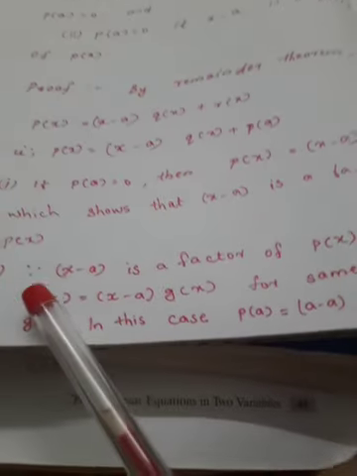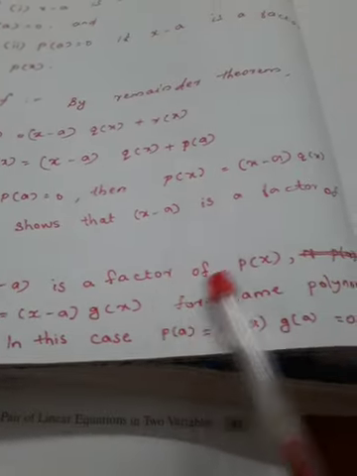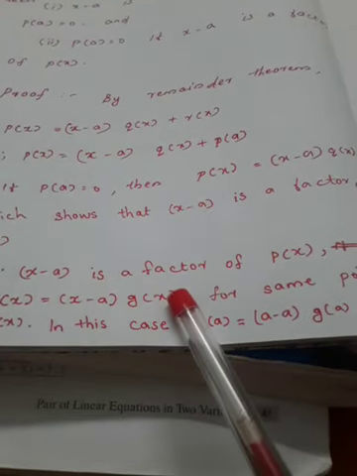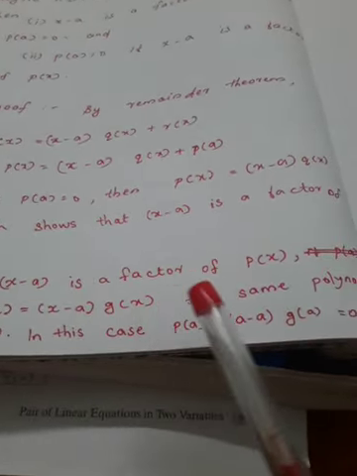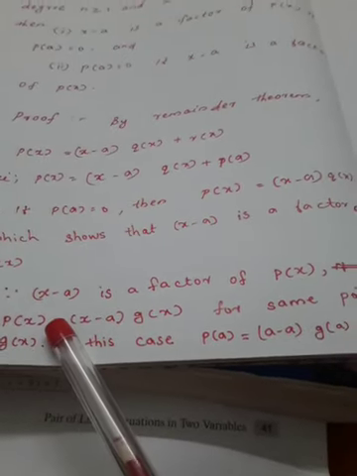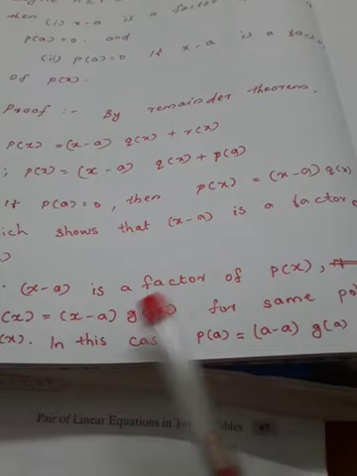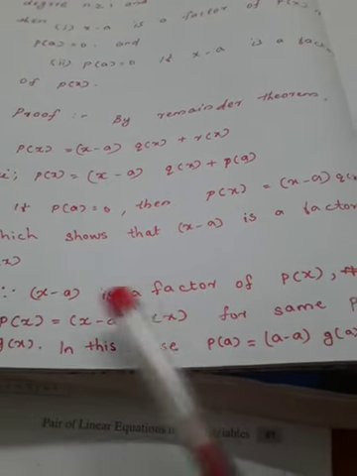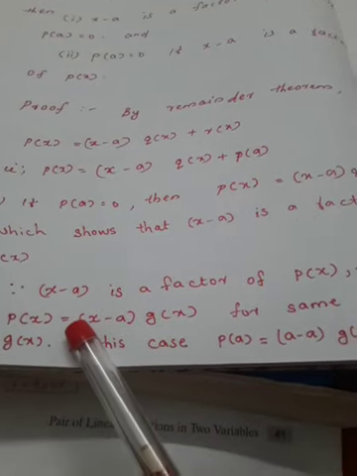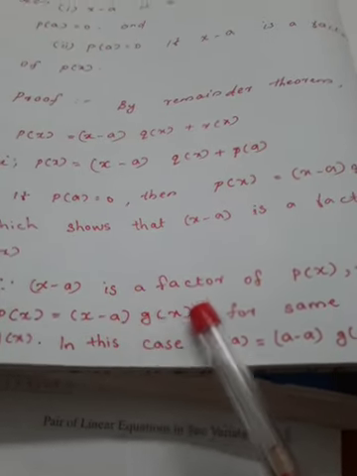Then next, since x minus a is a factor of p of x, then p of x equals x minus a into g of x. G of x is any polynomial. That means p of x equals x minus a into any polynomial, because it is given that x minus a is a factor. So we can write p of x equals x minus a into g of x.